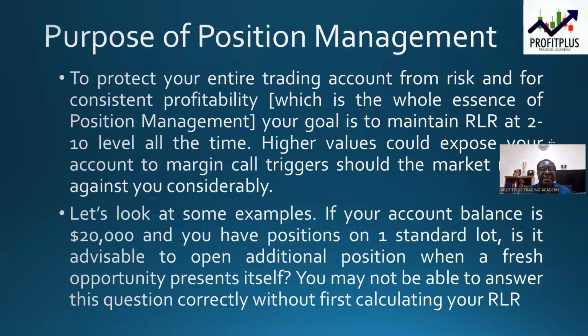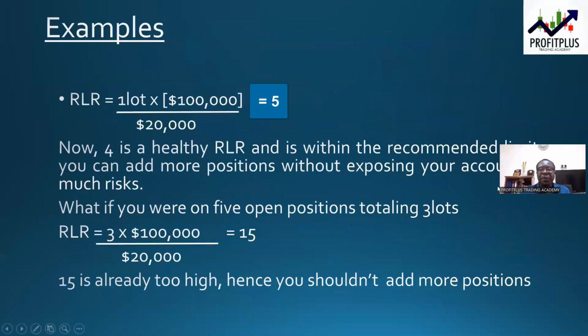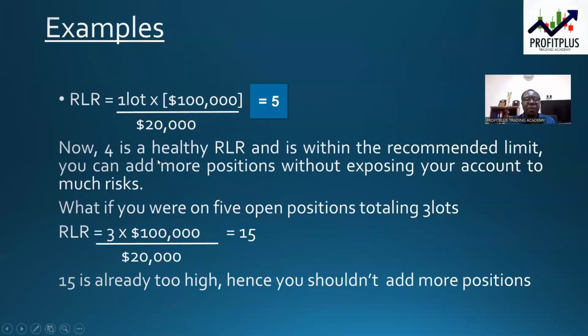If your account balance is $20,000 and you have positions on one standard lot, is it advisable to open an additional position when a fresh opportunity presents itself? You may not be able to answer this question arbitrarily if you do not run some calculations, which we're going to show. In this example, you are running on one standard lot, maybe 5 positions on 0.2 each, or maybe 1 position on one standard lot.